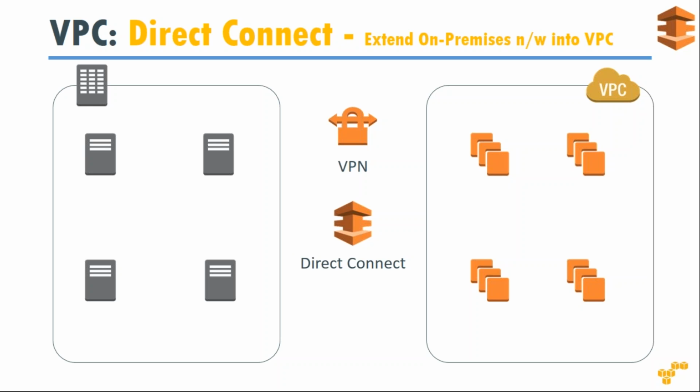So the minimum is 1 and the max is 10. If you need more bandwidth than this, then you need to lay multiple cables. Let us say you want 50 Gbps of bandwidth, then you lay 5 cables of 10 Gbps. That is how you connect your corporate data center to your Amazon resources.